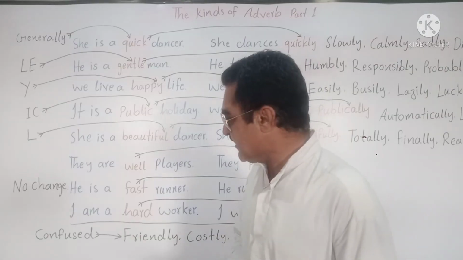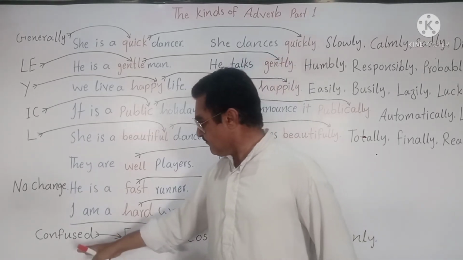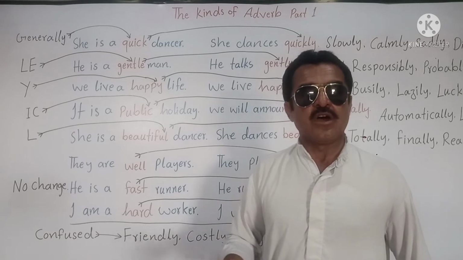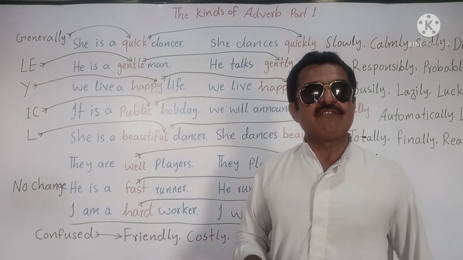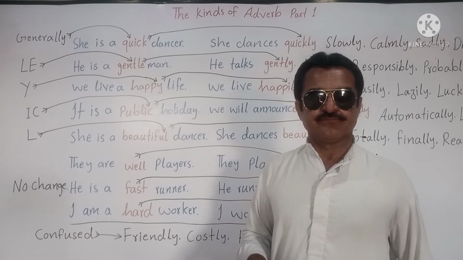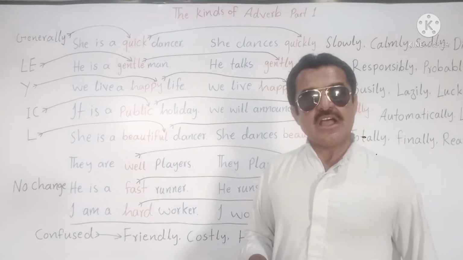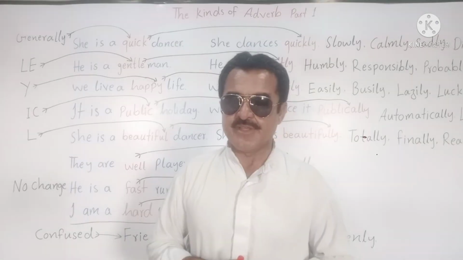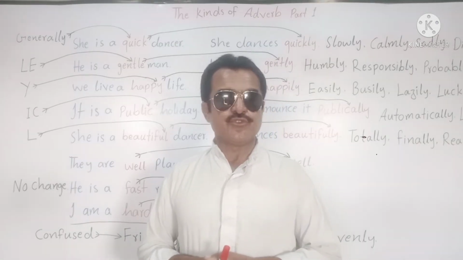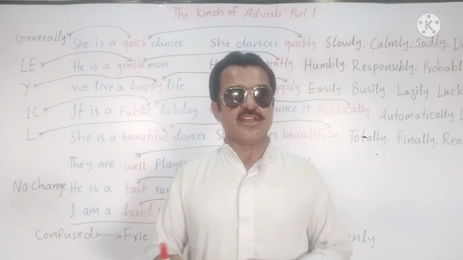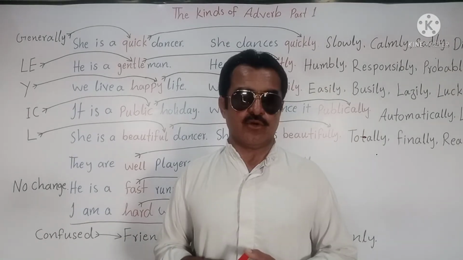Now let's go to the last point, that is some confusing words. Why? Because you will be thinking that sir told me that whenever you see an ly at the end of a word, that is an adverb.